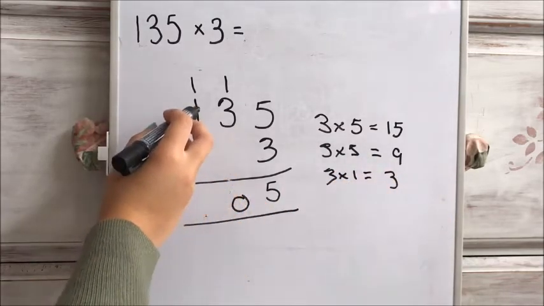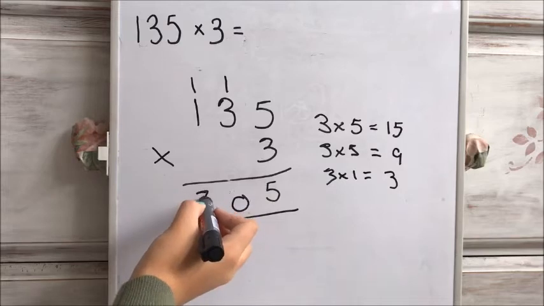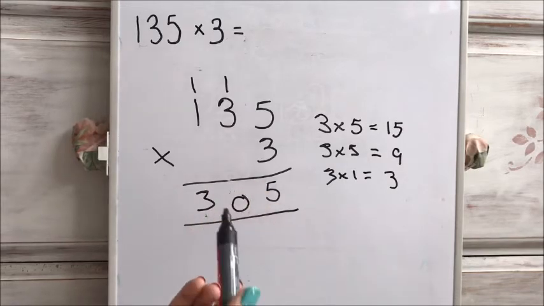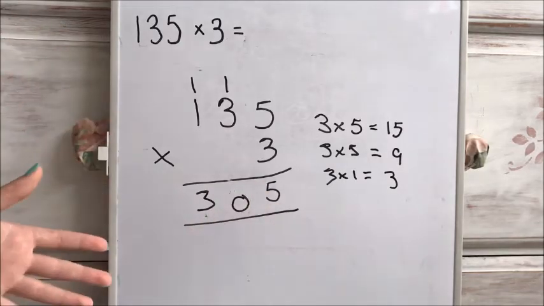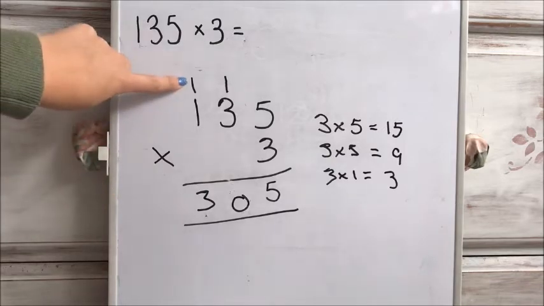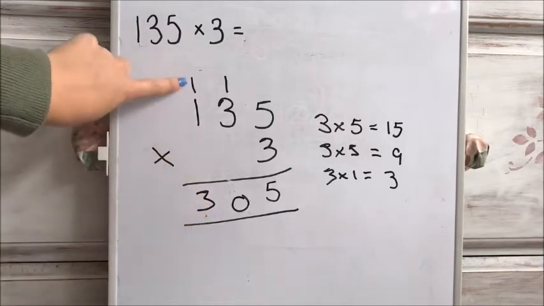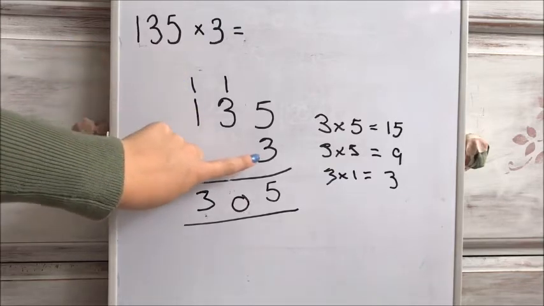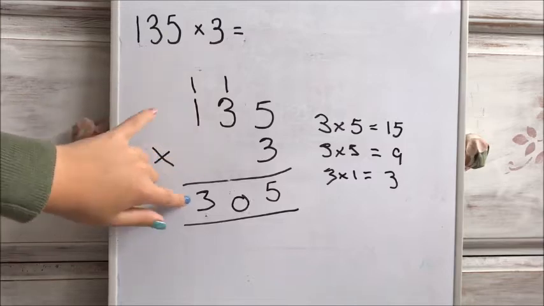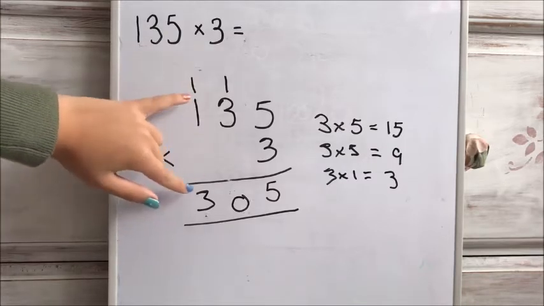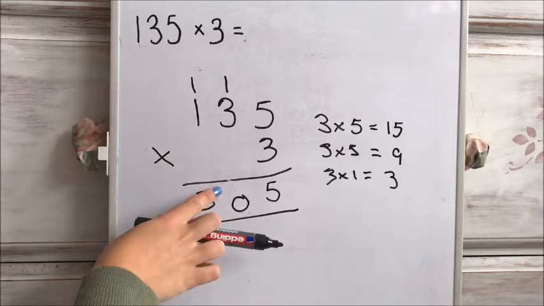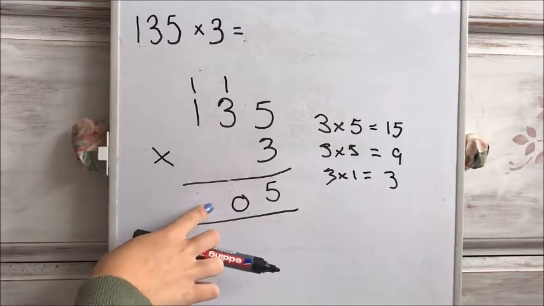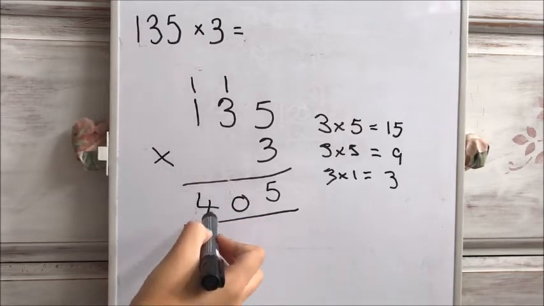So 3 times 1 we know is just simply 3. So ordinarily you'd be done with this. However, because we had to carry the 1 from the 10 and put it up at the top, we need to factor this in. So we need to add this 1 on. So we have 3 times 1 is 3, but we still have this 1, so we need to add the 1 to the 3, turning this very simply into 4.